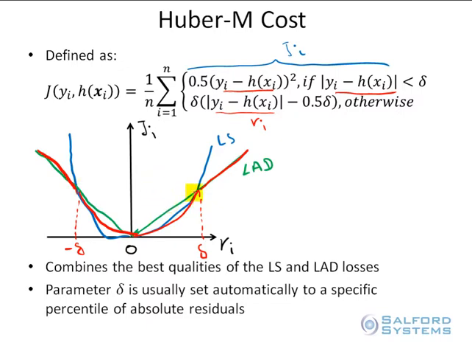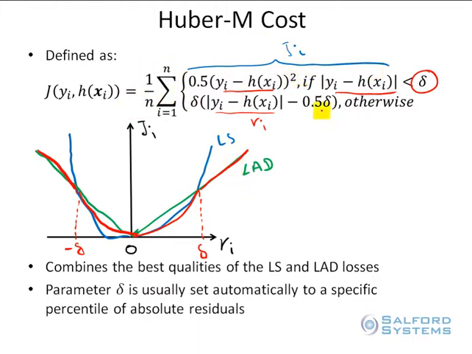And by introducing this delta parameter, we managed to combine the best characteristics of the least squares loss and the LAD loss. So we now have the machinery that allows you to capture outliers and at the same time preserve some of the nice quadratic characteristics.